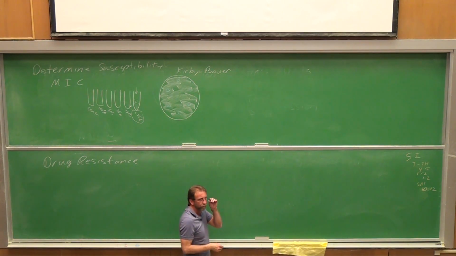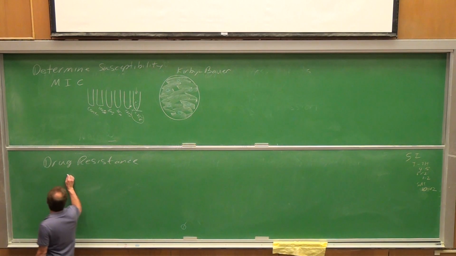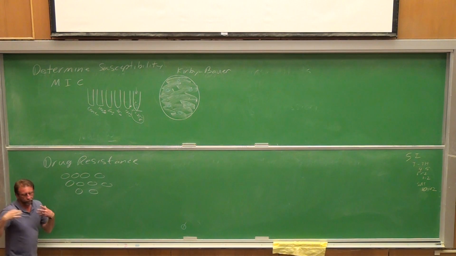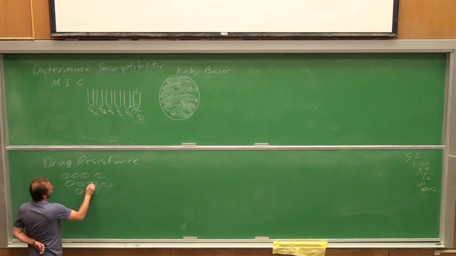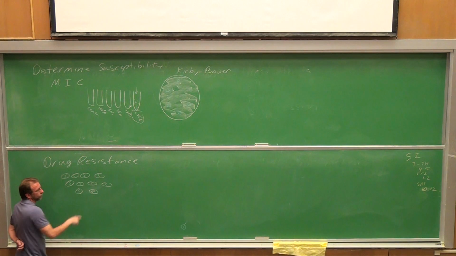So resistance can happen fairly rapidly. Think about how this can occur. So you've got several microbes, and you're being given an antibiotic to treat these microbes. And here's the deal. Most of these are sensitive, except this one here. This one's resistant.